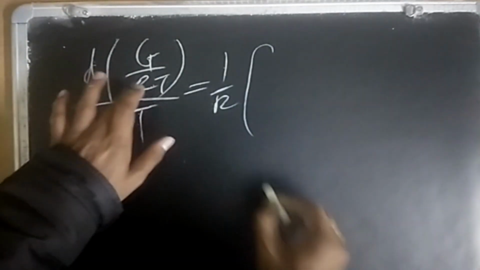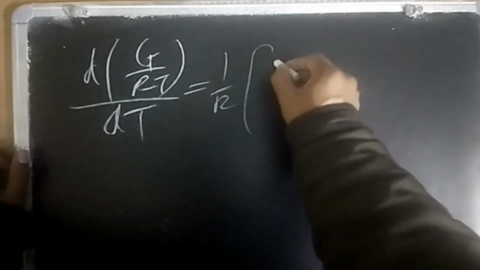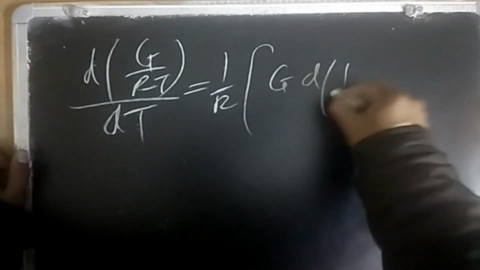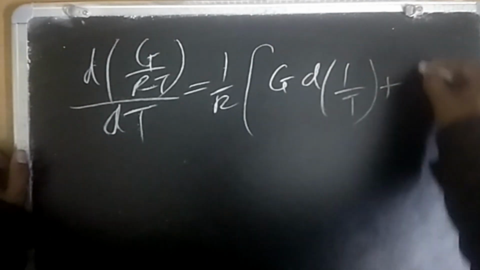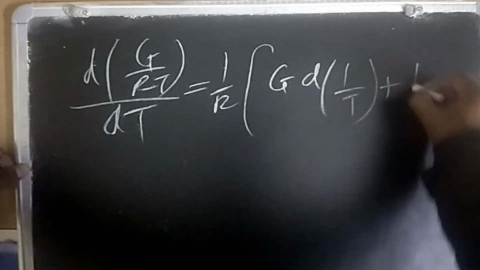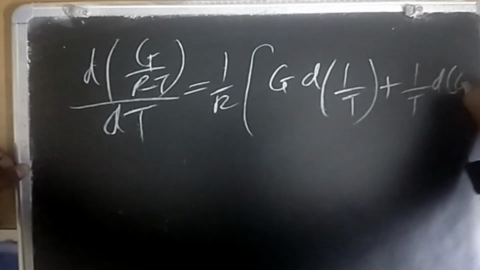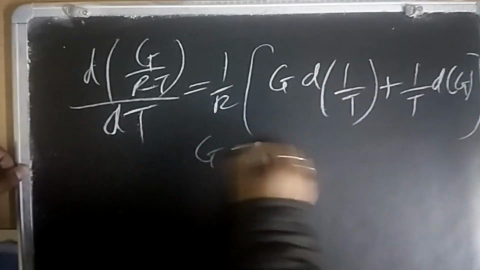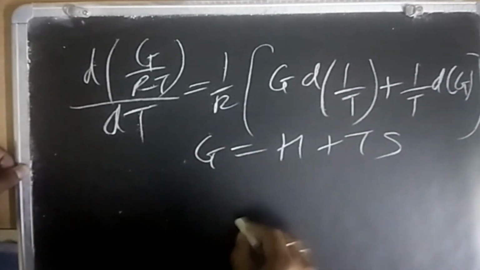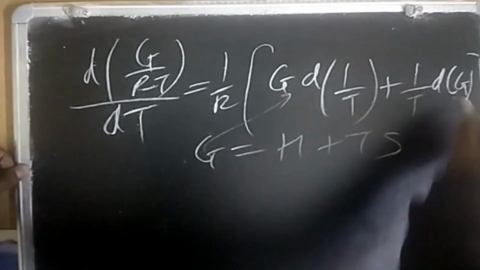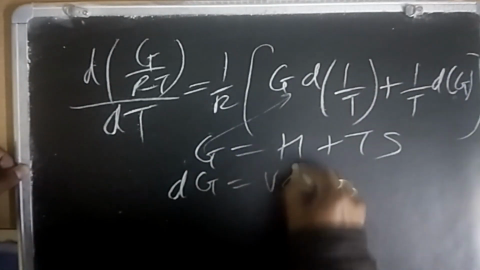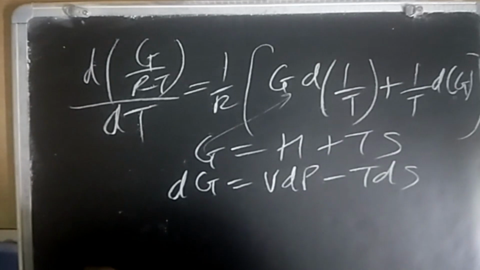Then there is one more thing, that G by RT differentiated with respect to T would be like, if you put 1 by R, then G, so apply the product rule, just apply the product rule, and 1 upon T d of G, and use two equations. First is G is equal to H minus TS, put this over here, and for dG we know it is VdP minus SdT.